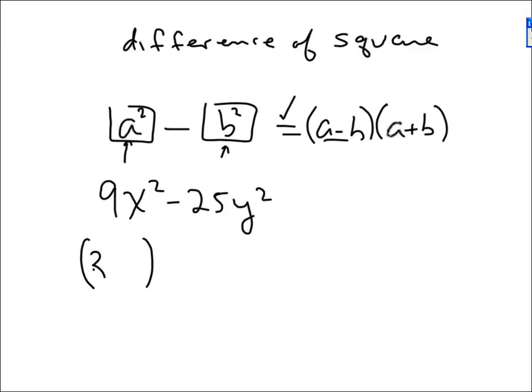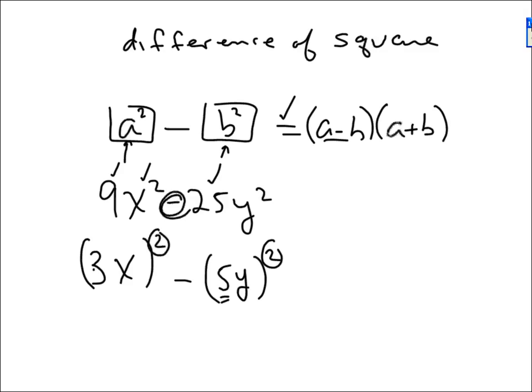Why? Because 3 squared gives you 9 and x squared gives you x squared. Minus. There must be a minus. If it's a plus, you can't factor it. Minus something else squared. Well, 5 squared gives you 25, and y squared gives you y squared.